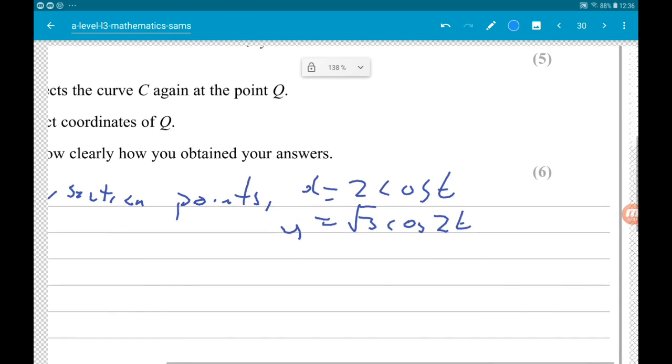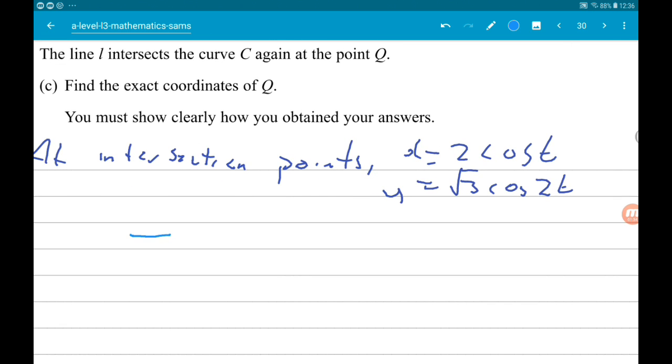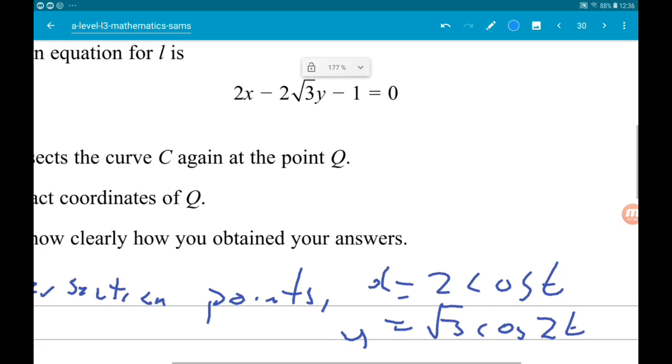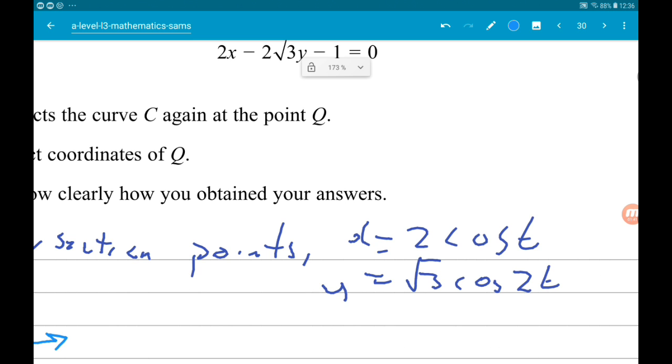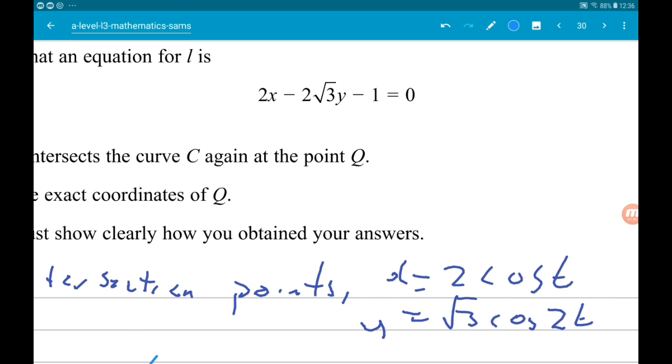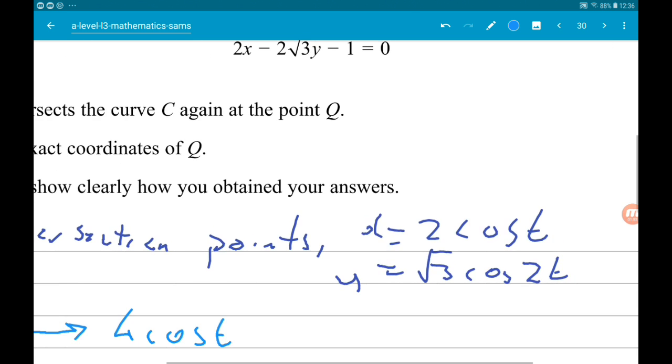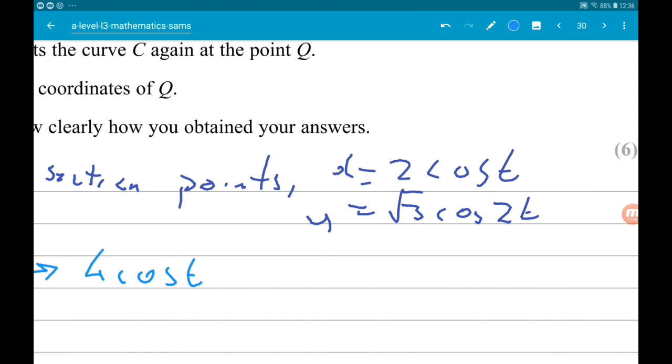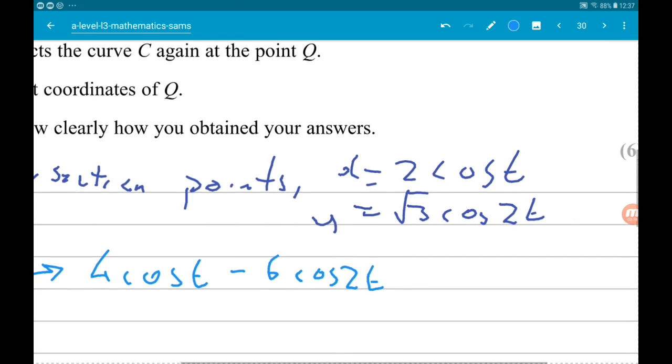So, we're going to get that 2x, so that's 4 cos t, minus 2 root 3y, so that's minus 2 root 3 times root 3, so that's minus 6 cos of 2t, minus 1 is equal to 0.